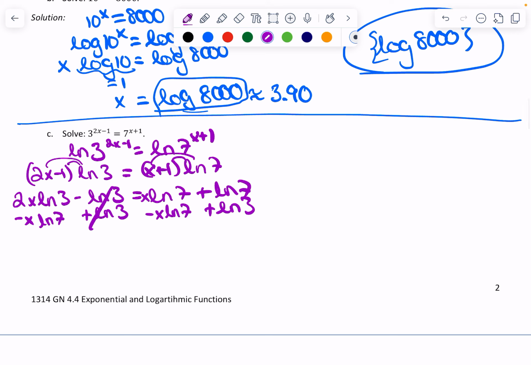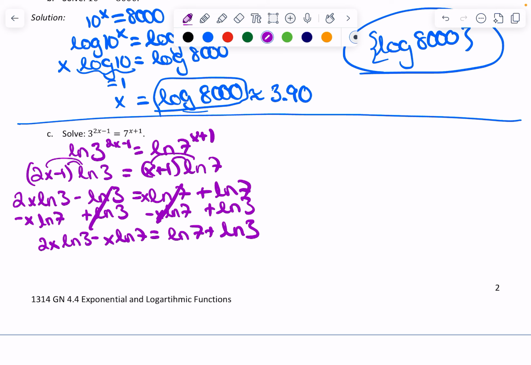So these cancel out, these cancel out. So we end up with 2x natural log of 3 minus x natural log of 7 equals natural log of 7 plus natural log of 3. Okay, so we have moved all the terms with x's to the left.